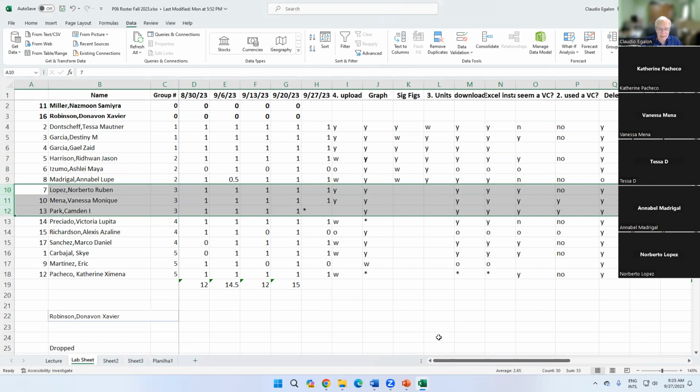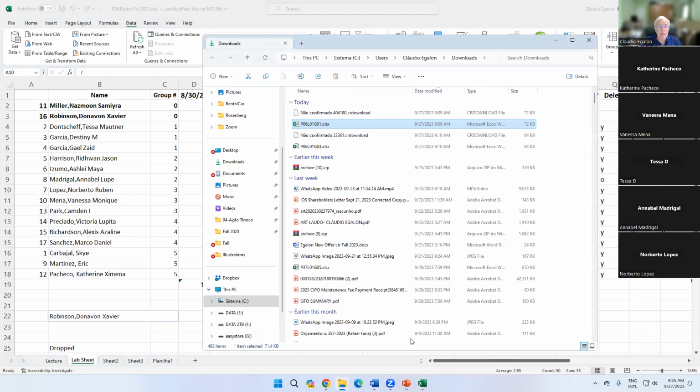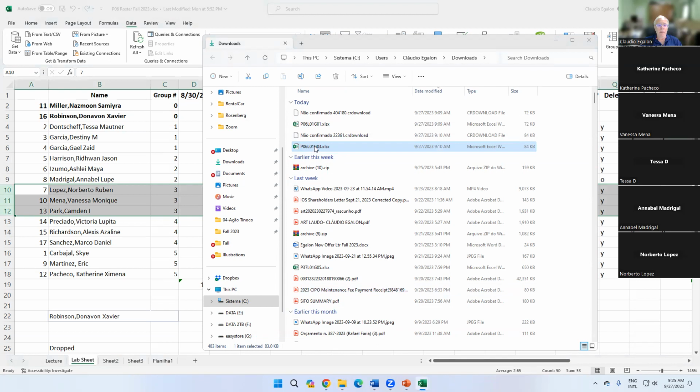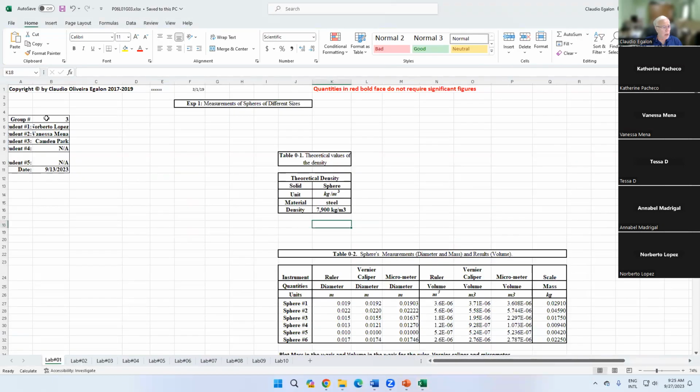Group number 3 managed to upload their group folder, their group report. And that's the one here. Let's see how they did it. Okay, enable editing, good. Okay, everybody's here. Yeah, you can put today's date. Group number 3, 27, right?